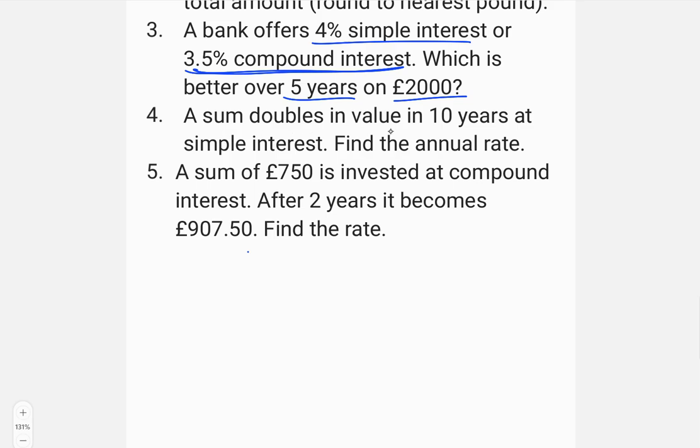A sum doubles in value in 10 years at simple interest. Find the annual rate. So it's saying whatever the principal was, it doubles. The amount would be twice the principal. So can you say that it's going to be 2 times the principal? Whatever your principal is, the amount is going to be 2 times the principal, because it is saying in the question that a sum doubles.